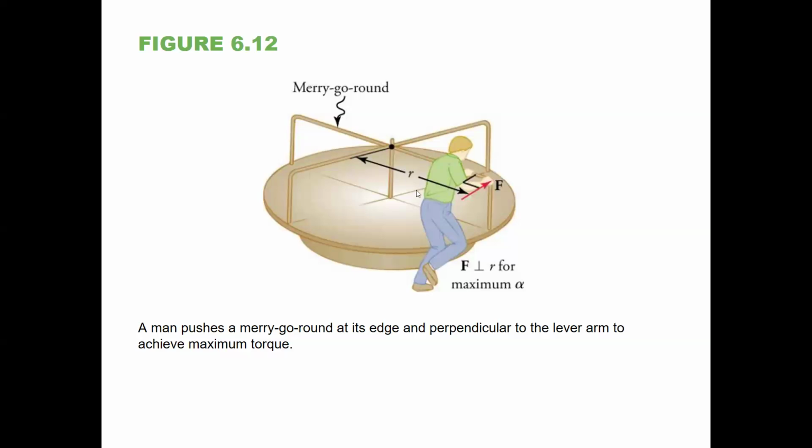If the person was applying force at the middle point, the merry-go-round would spin, but not as much as it would at the farthest point. So the farther you are, the better.